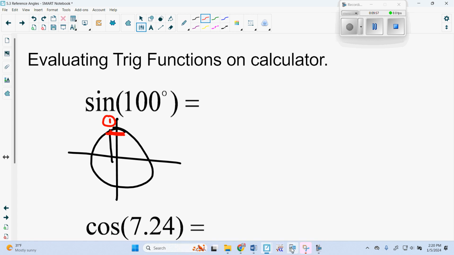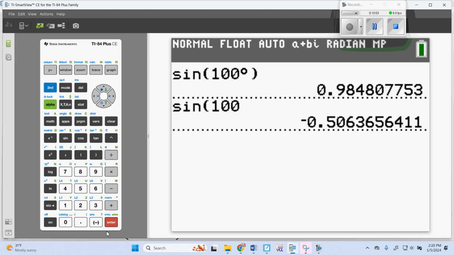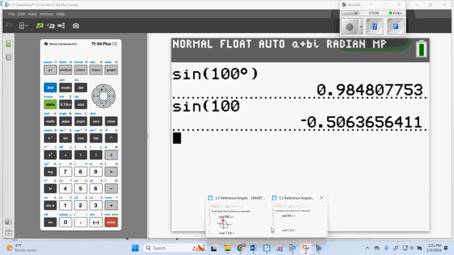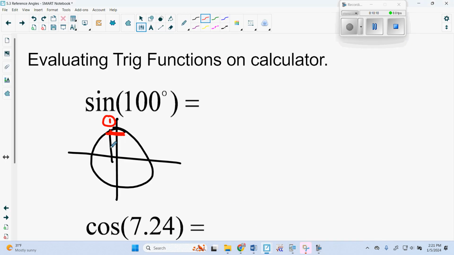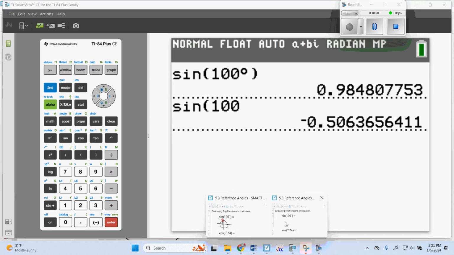If I type this into my calculator and I had my mode wrong, and I get negative 0.5, you can think that doesn't make sense. My sine of 100, my y-coordinate right there, should be positive. The fact I got negative should tell me I put something in the calculator wrong. My mode is wrong. So once again, just reiterating, as you do stuff in the calculator, make sure you have the right mode.